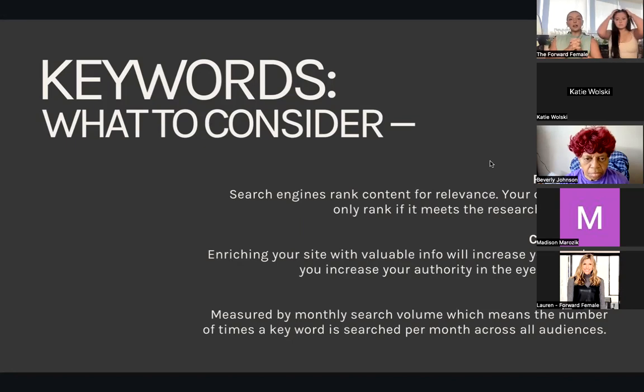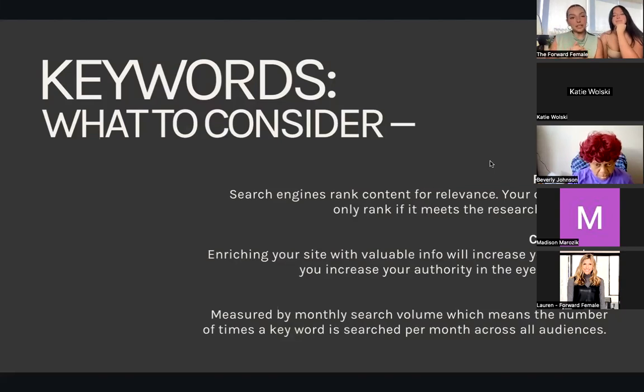So think of relevance: relevant to the world and relevant to your specific audience. If we can combine both, that's some great visibility. So thinking of relevant words, what will people be searching? This is going to help Google or Instagram rank your content more accurately to your audience.